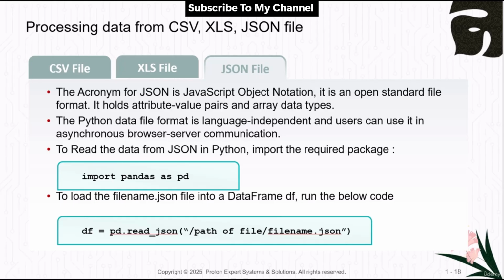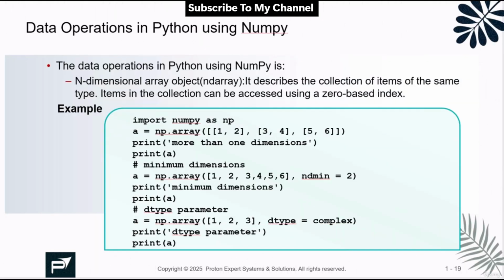This slide gives the explanation on data operations in Python using NumPy. The data operation in Python using NumPy is the n-dimensional array object, that is ndarray. It describes the collection of items of the same type. Items in the collection can be accessed using a zero-based index.